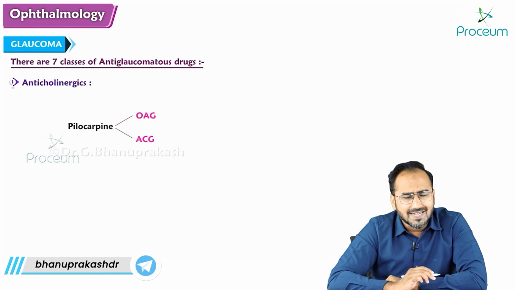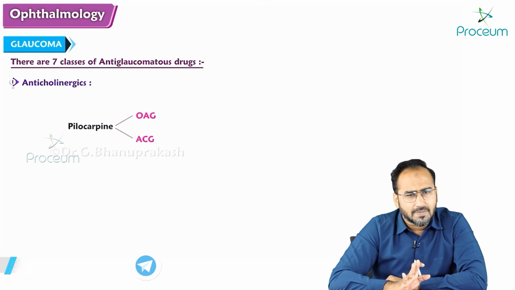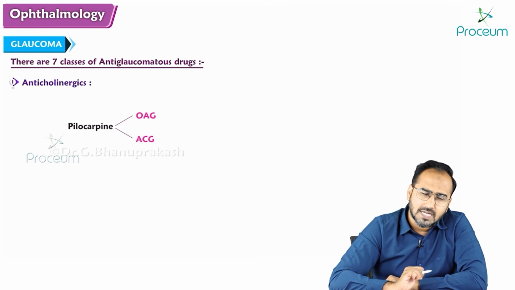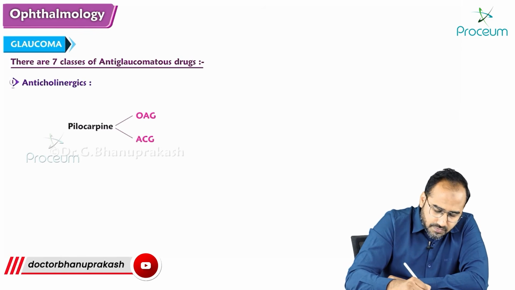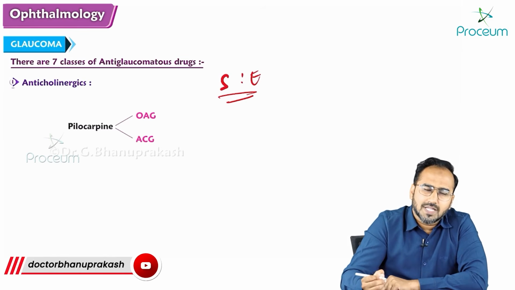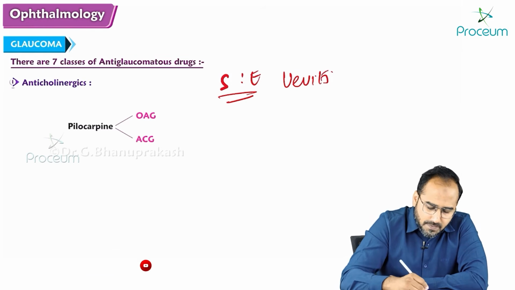So pilocarpine is a good drug for managing glaucoma, but it has some side effects. Now you can take down the side effects of pilocarpine. Uveitis can occur due to pilocarpine, right?